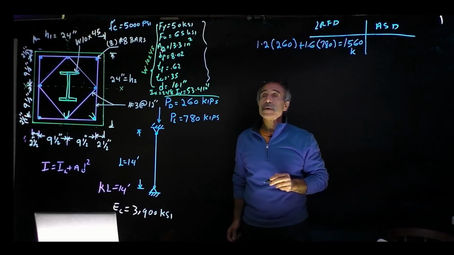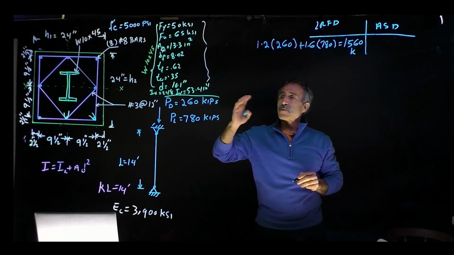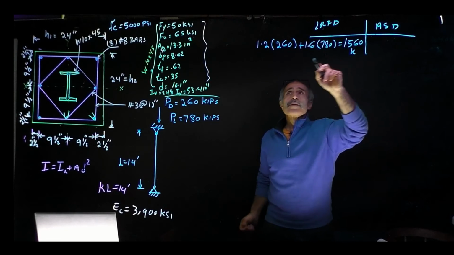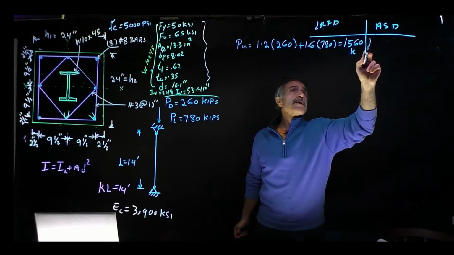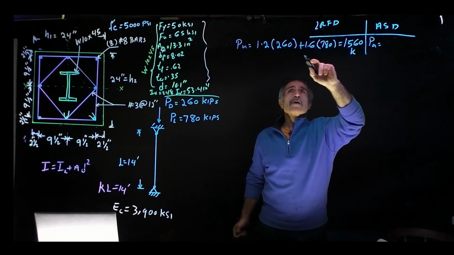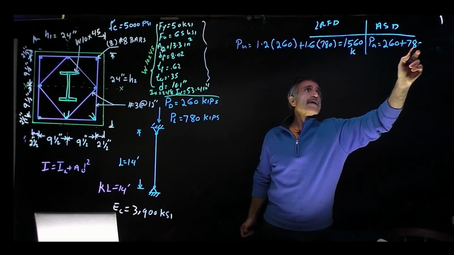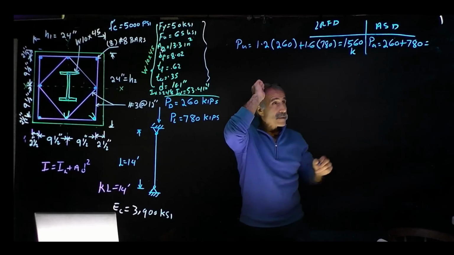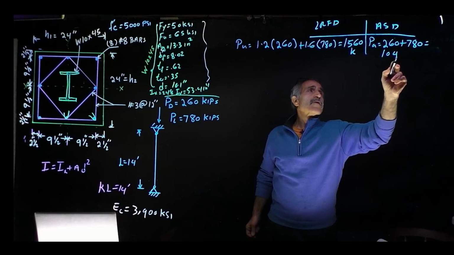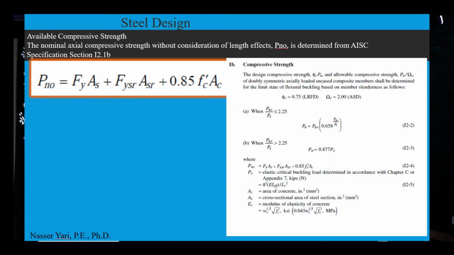That's quite a bit. And in allowable stress design, our load combination is basically adding both loads. So PA is equal to 260 plus 780, which is equal to 1,040 kip.